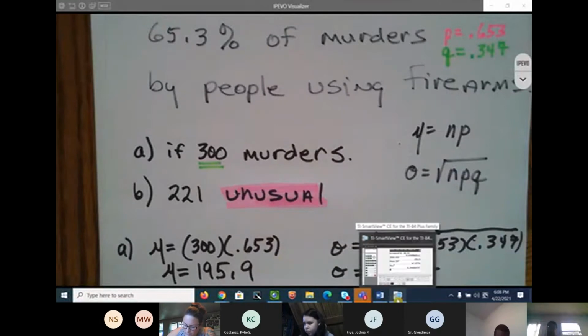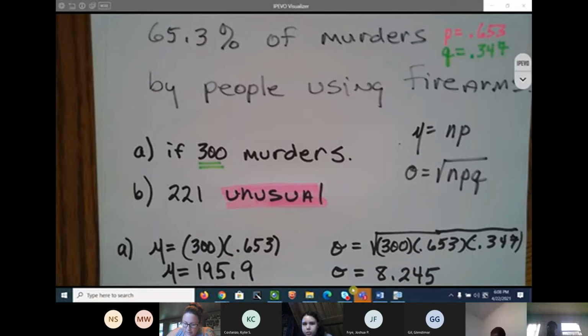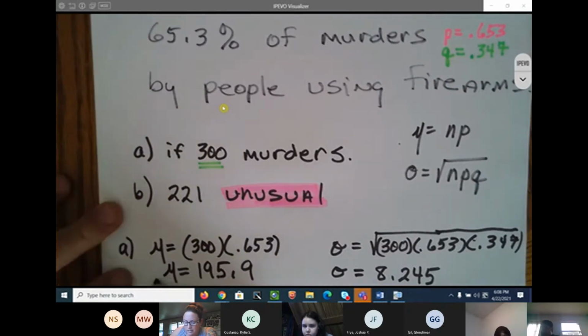Hang on. Okay, 67.9773. And then raise that to the 0.5 power. And I got 8.2448. Now, what happens when the directions give you the mean and the standard deviation?